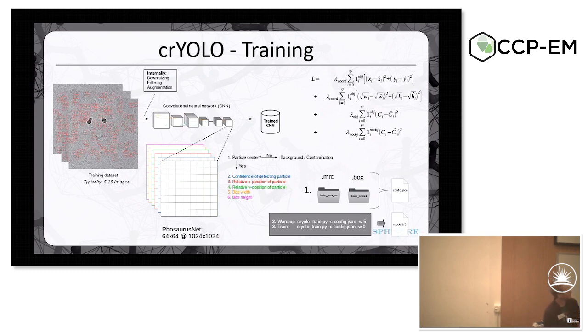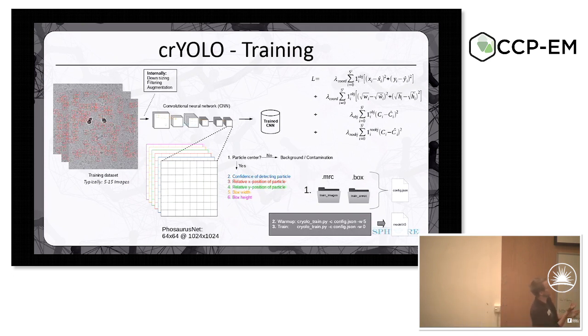This warm-up training basically ignores the estimation of the width and the height. This is just a heuristic that the YOLO developers came up with because they say it converges better if you do it like this. And the third step is the full training. Typically it lasts 15 to 20 epochs until it converges.